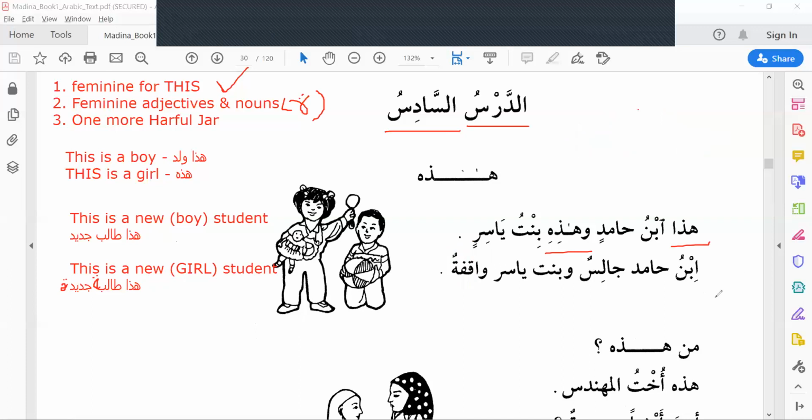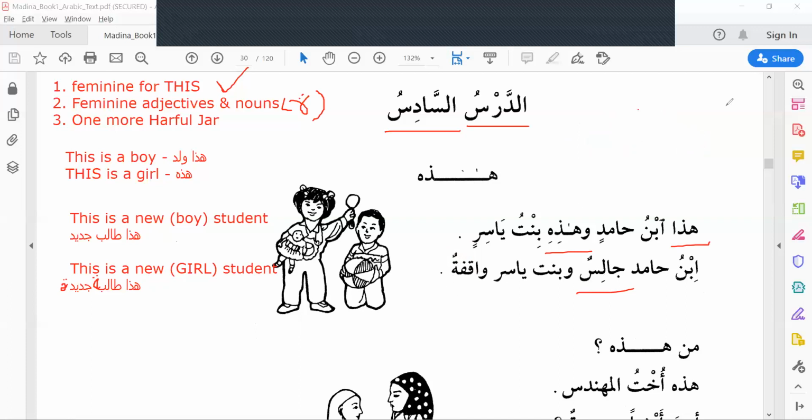For example, Ibnu Hamidin jalisun. Hamid's son is jalisun, sitting. Wa bintu Yasirin waqifatun.